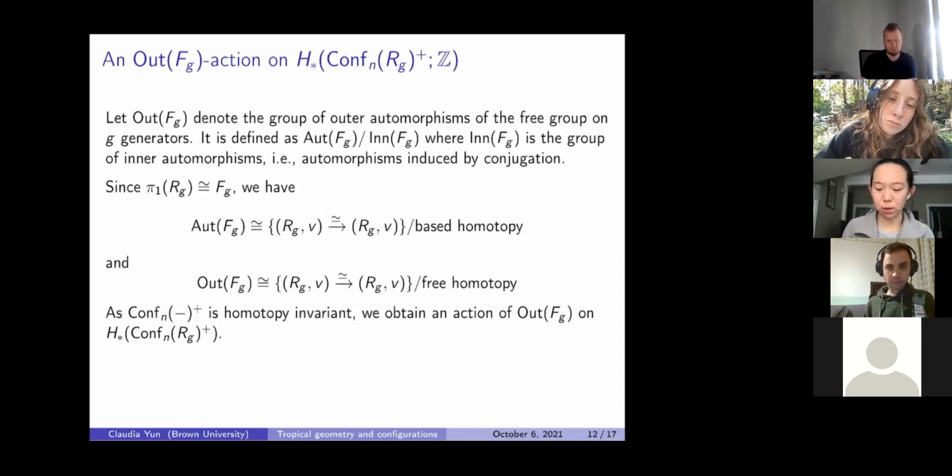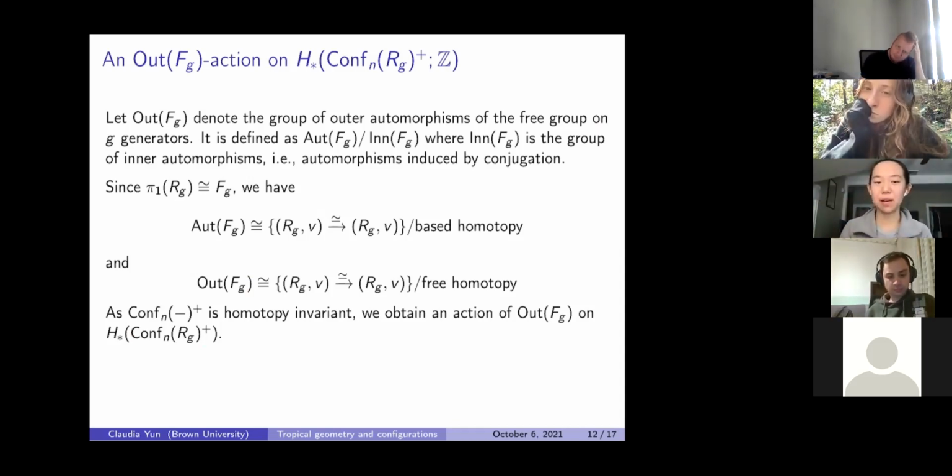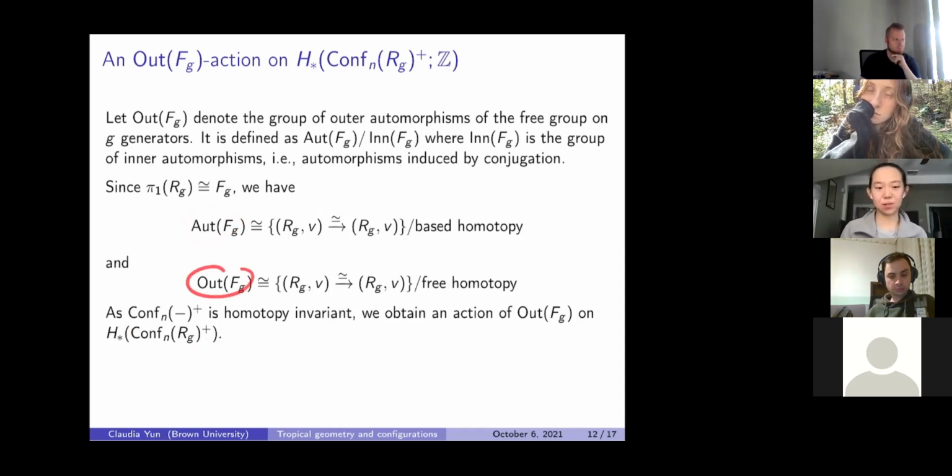So really, we want to embed the isometry group into one of these groups, but there is no embedding of the isometry group of your graph into Out of G, because it's not guaranteed that the base point is fixed the whole time. And so really it's Out of G that we should be considering.